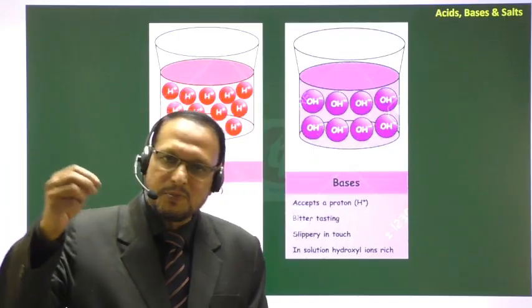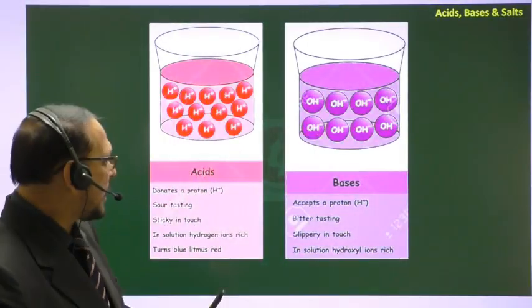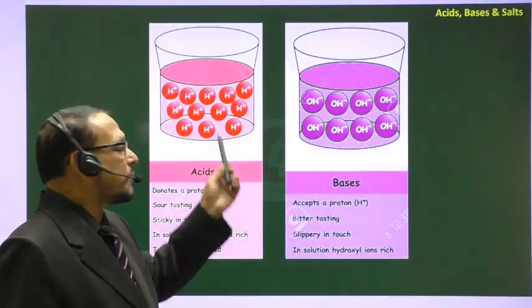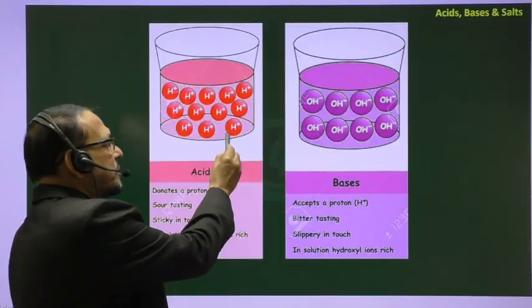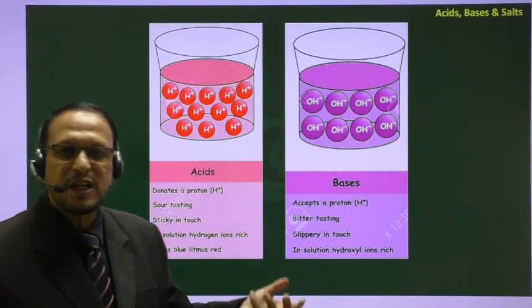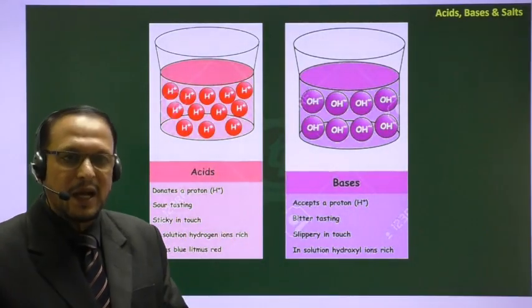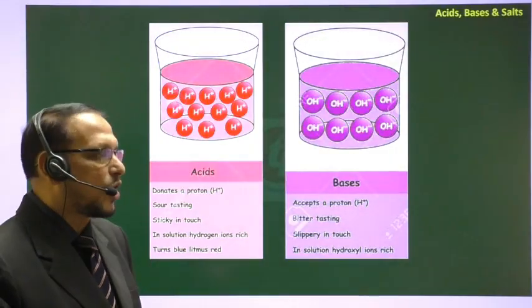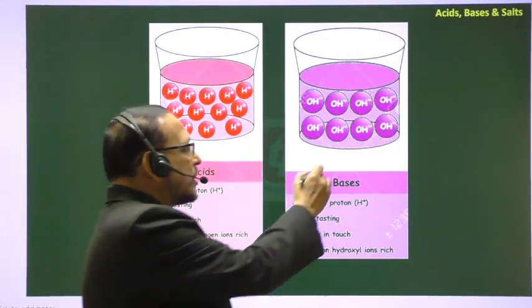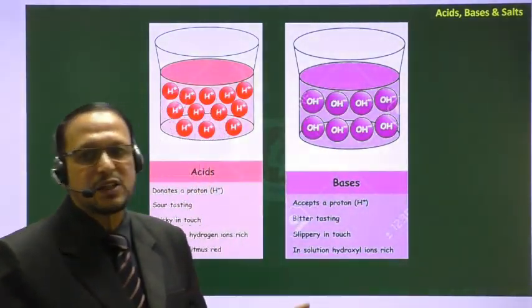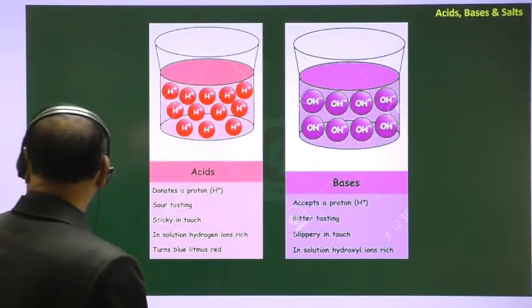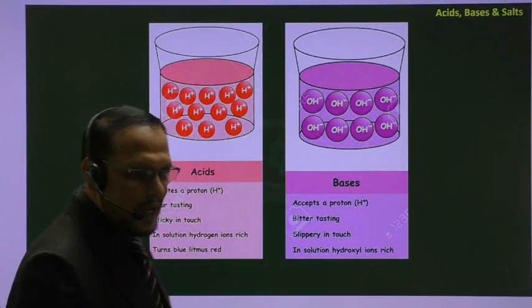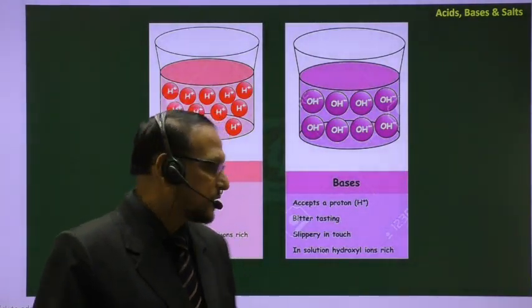But when you add a small amount of acid to the water, the concentration of H plus increases, and that's why it becomes acidic. When you add a small amount of base, the concentration of OH minus increases, and that's why it is called base. We learn later on that acid and base react to produce salt and water.